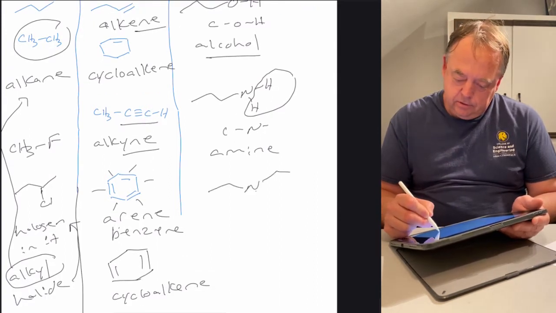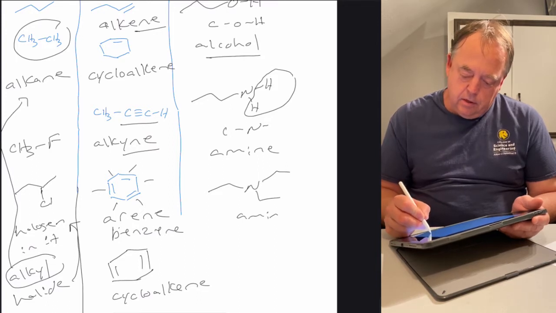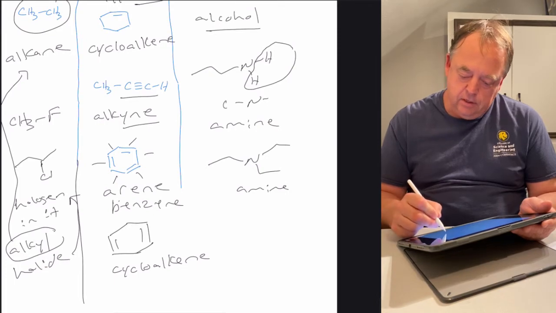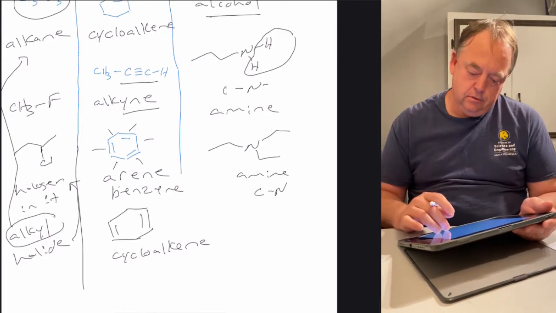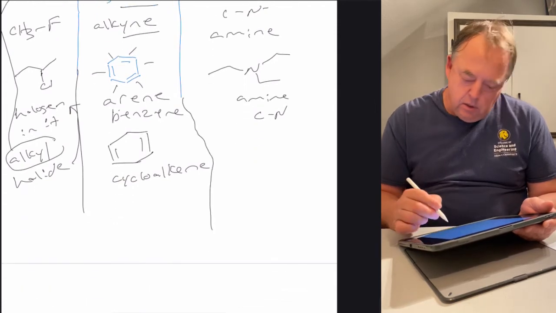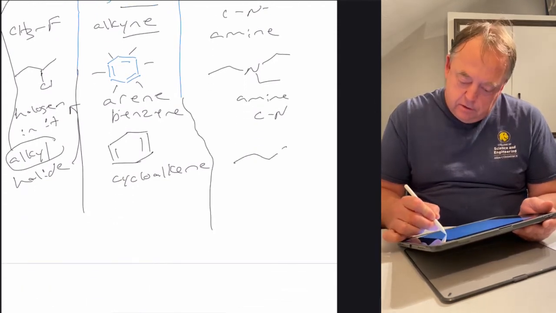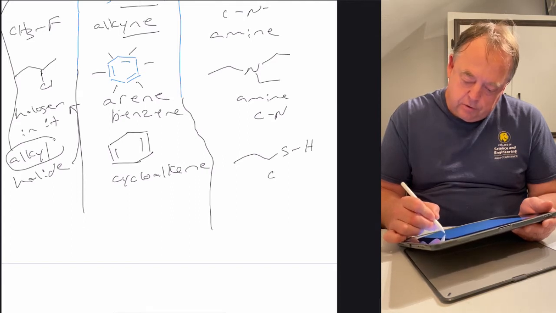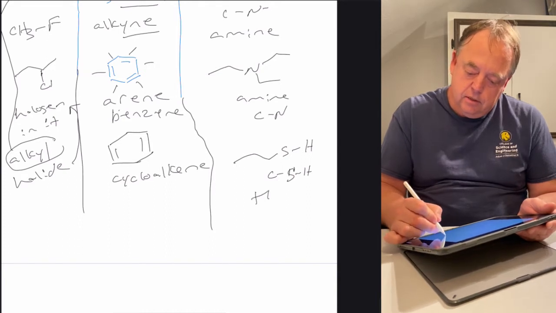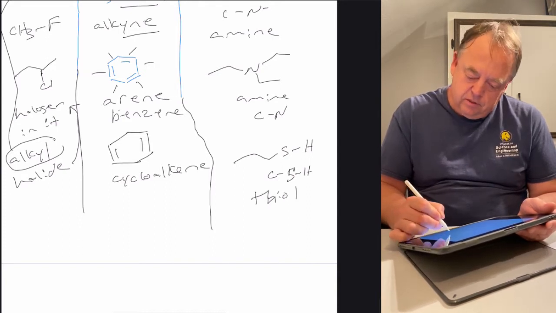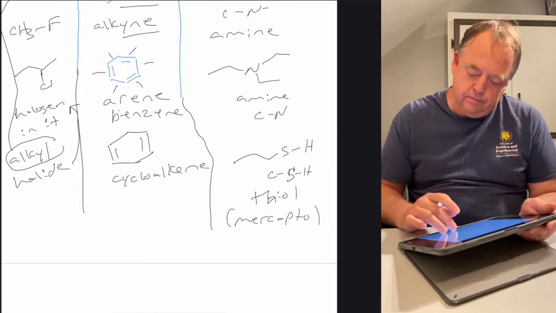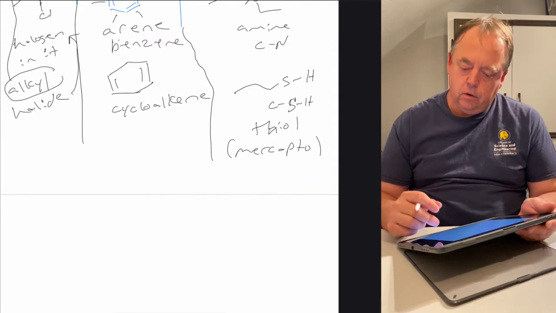So if we had this molecule, that is also an amine. It just basically has to have carbon attached to nitrogen. If you have a carbon, sulfur, hydrogen in the molecule, that would be the key component. Carbon, sulfur, hydrogen, that's called a thiol, sometimes called mercapto. That's a more trivial name, but thiol is the technical name.